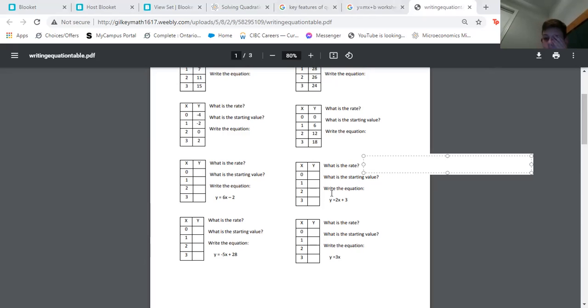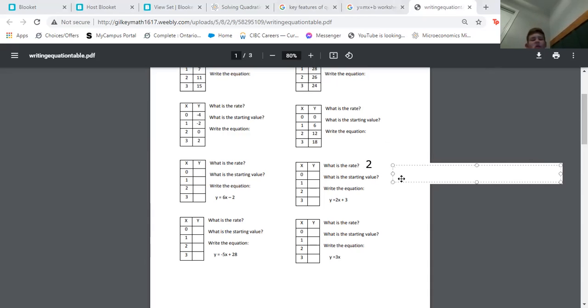Subtract 2 each time. You add 2 each time, right? Right, based on this 2 here. And then what will be the starting value? What will be the y-intercept?